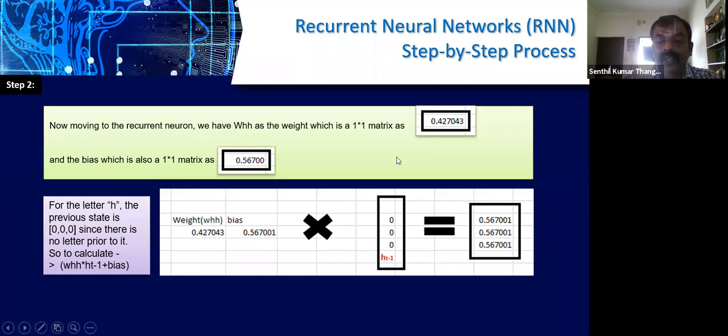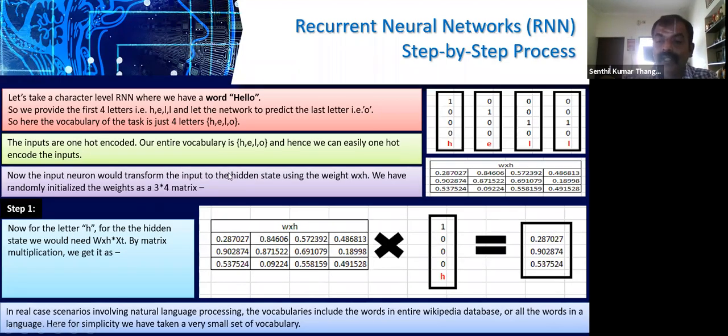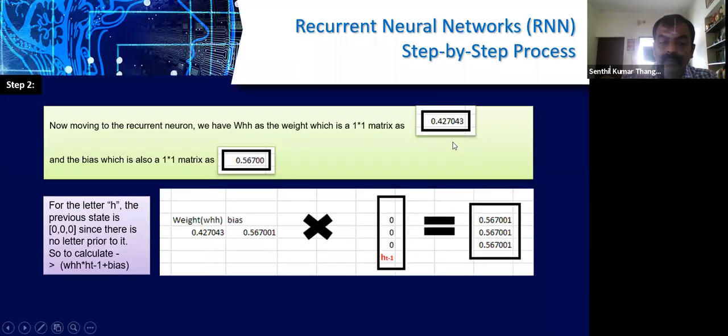Now next, we are moving on to the recurrent neuron. When we have the recurrent neuron, we assume the weight is going to be one value. So we are assuming the weight value to be 0.42 and the bias value to be 0.56, right? If you're going to give the letter H, what about the previous state? There is not going to be any previous state for H because the first letter being read is only H. So the previous state value will be assumed to be 0, 0, 0.